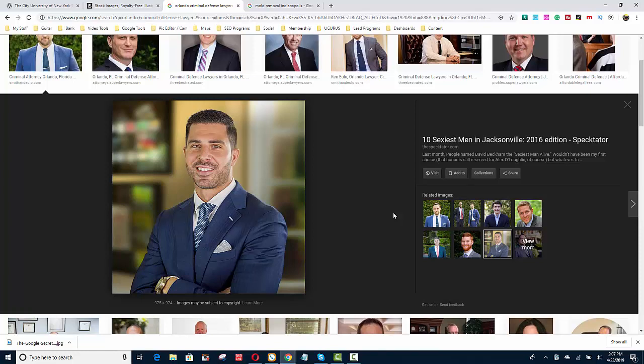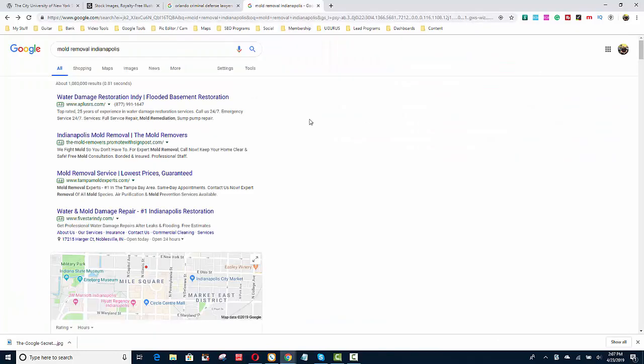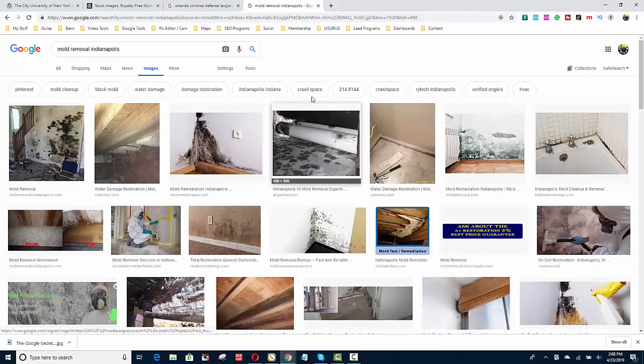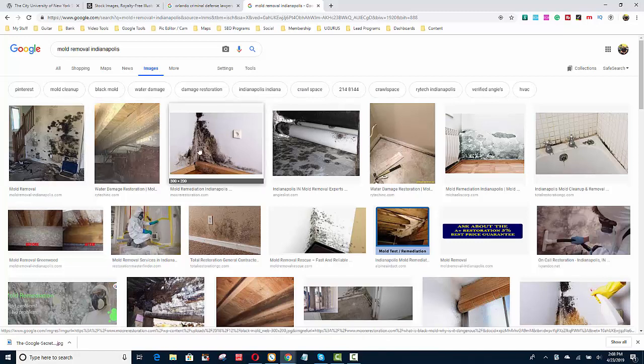Every keyword is going to have different pictures which they suggest. So I'll give you another example. We looked at another one called mold removal Indianapolis. So we went over to images, and what did we notice? We noticed that there are a lot of pictures naturally of mold. But one of the things we also noticed was there were a lot of corner shots where wall meets wall, right?